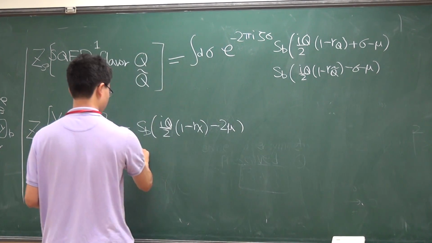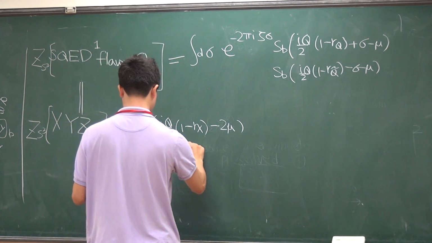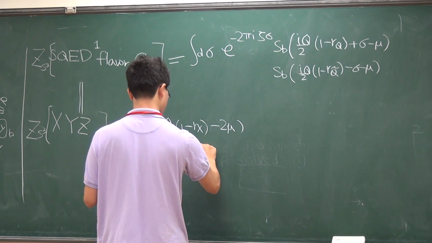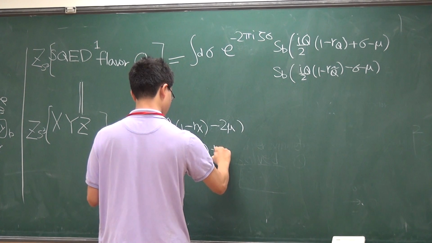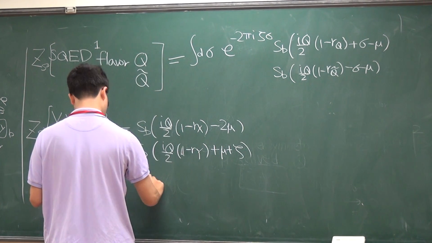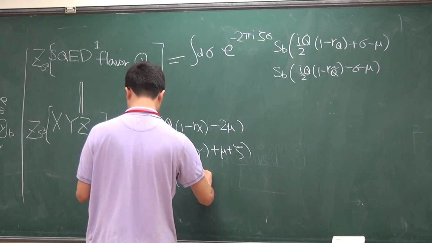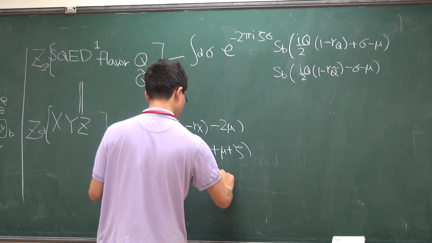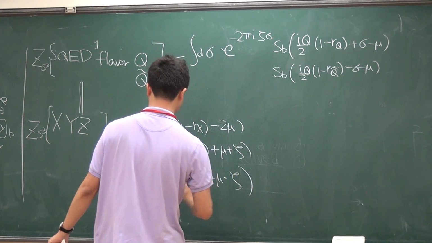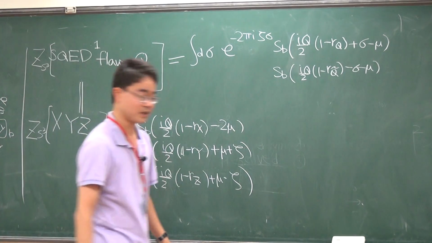It's a product of 3 factors. Rather than explain the general rule, I explain this example, and hopefully you can get the general recipe. 1 minus Rz plus mu minus zeta. There are many things, so let me explain the notation one by one.